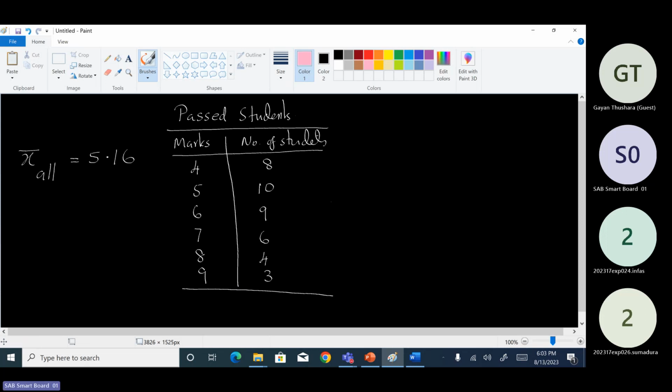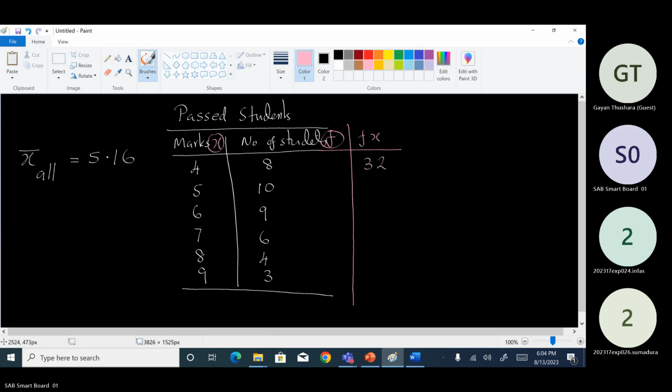So marks, this is our X, and this is our F. So 8 students got 4 marks, 10 students got 5 marks, 9 students got 6 marks, and so on. These are the students who have passed. So we can develop the fx column.